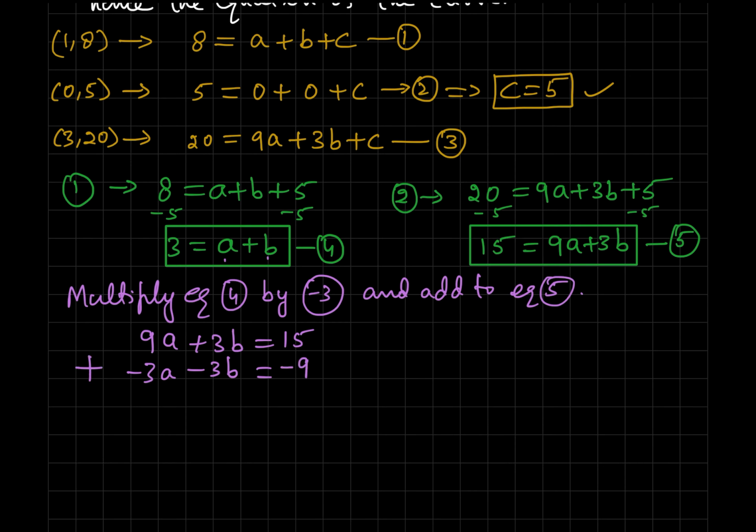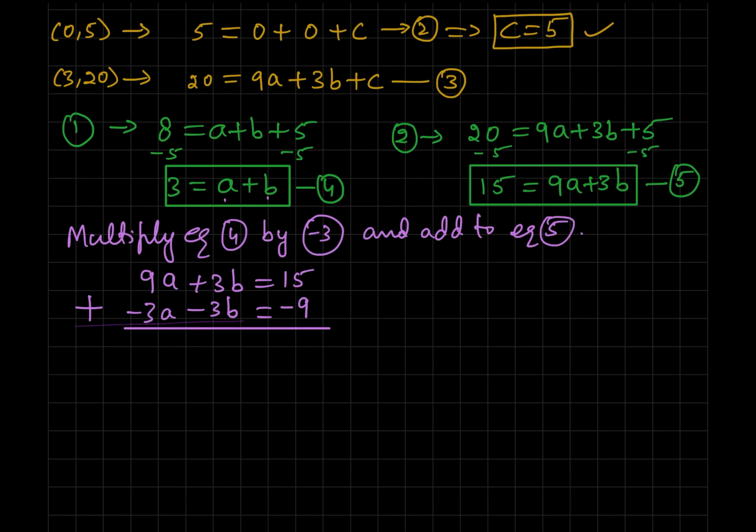And then finally we have to add the equations. While adding, we do not change the sign. So 9a minus 3a would give me 6a, plus 3b minus 3b would get cancelled out, and 15 minus 9 would give me 6. It means a is what? 6 over 6, which is 1. So we got our a value as 1.